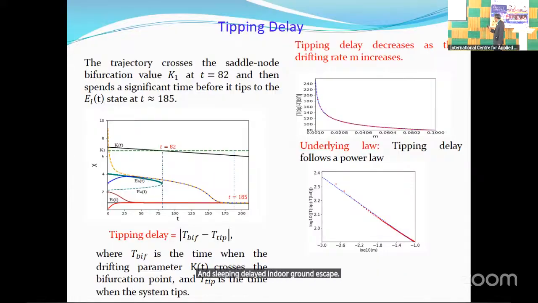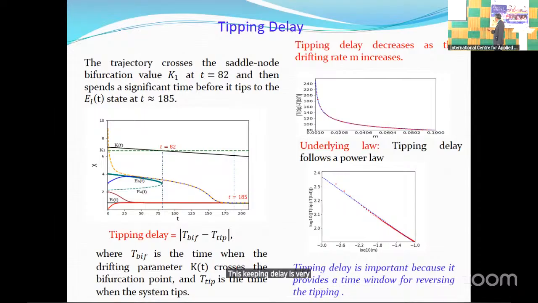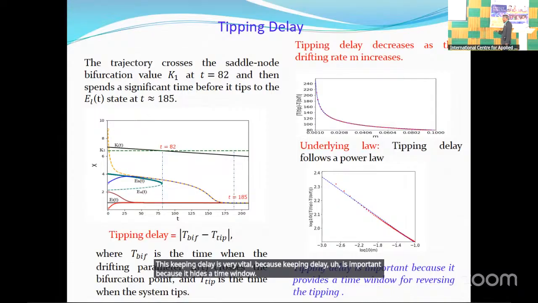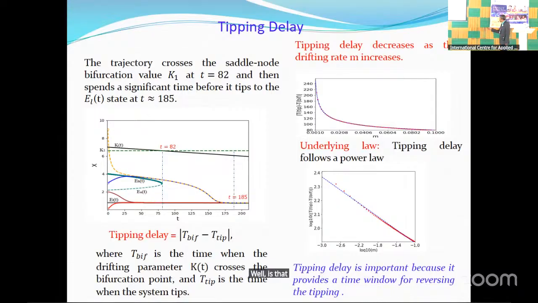This tipping delay is very vital because it provides a time window for reversing the tipping. So your solution is actually moving this way. If you want the solution to reach EH, then you have to take some measures so that your solution does not tip but goes back to its desired state.